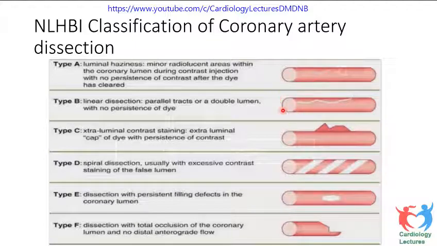Type C has a contrast extravascular compartment. Type D is spiral dissections. And type E has a defect which persists even after the dye clears. Type F is the persistent filling defect, and it's a total occlusion. So there are these types of dissection based on angiographic classification.